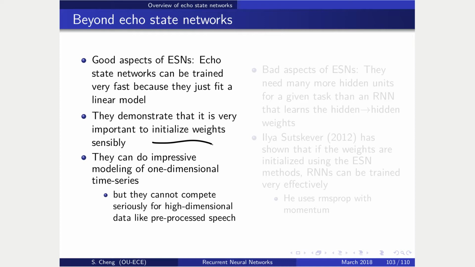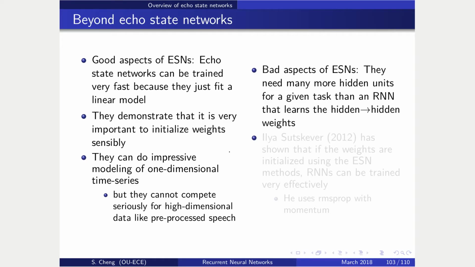I keep emphasizing that. But honestly, you see this result for 1D time series signal is pretty impressive, but you can't easily extend it to two-dimensional and more complex models. So it's a little bit unfortunate for that.